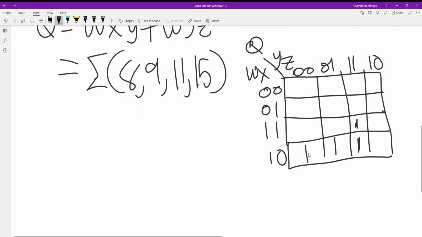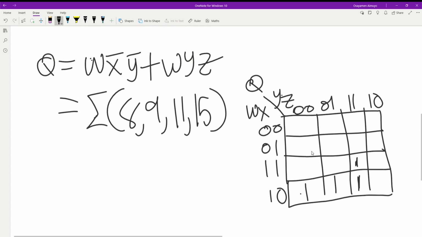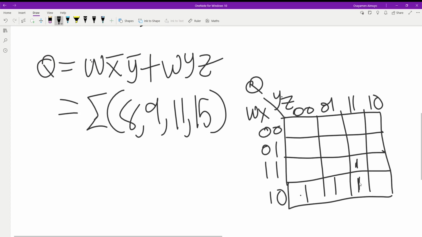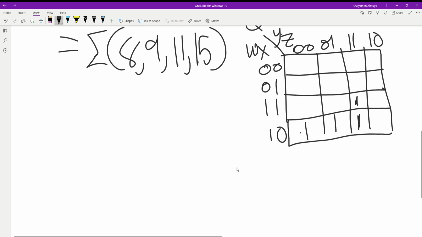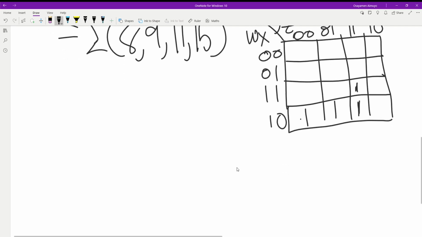Okay, so you see how this minterm is 8, this is 9, that's 11, 1 0 1 1, and this is 15. Okay, so I'm just going to write out all of these terms.